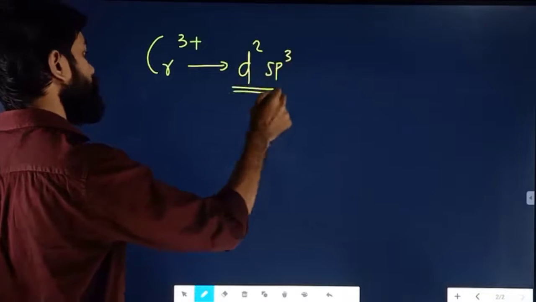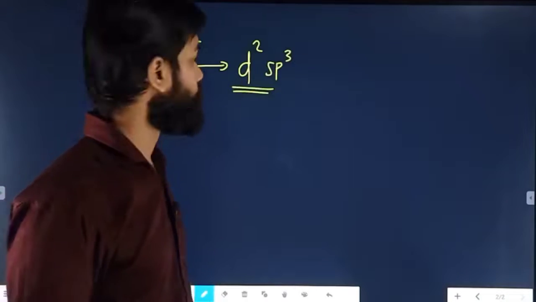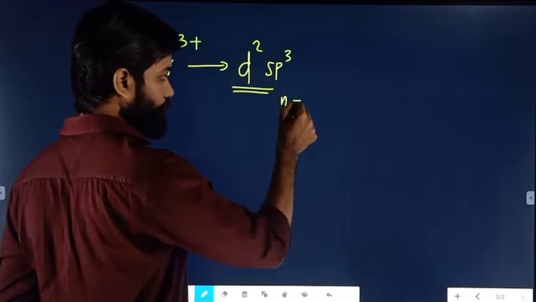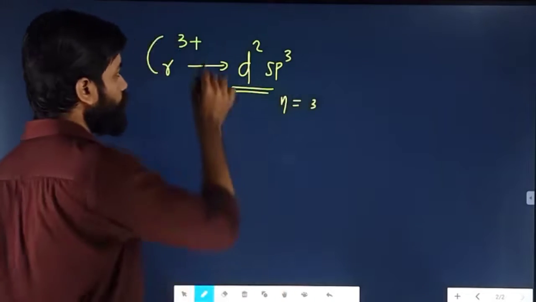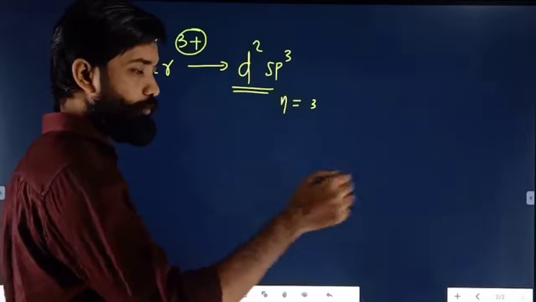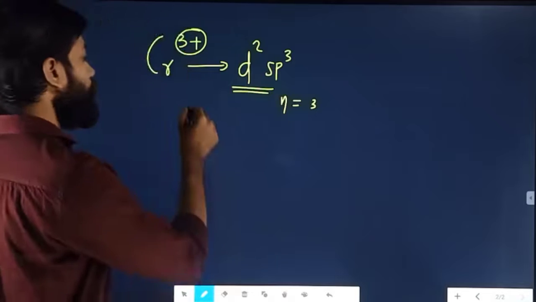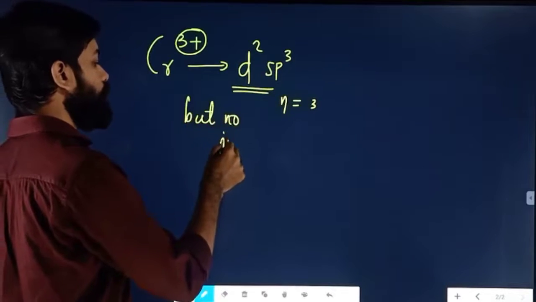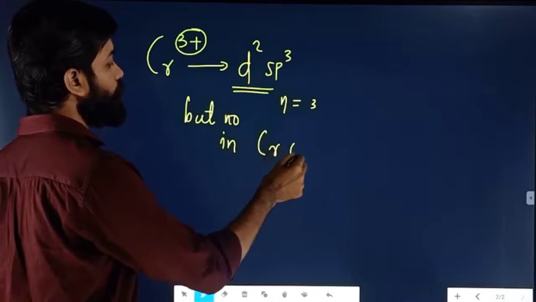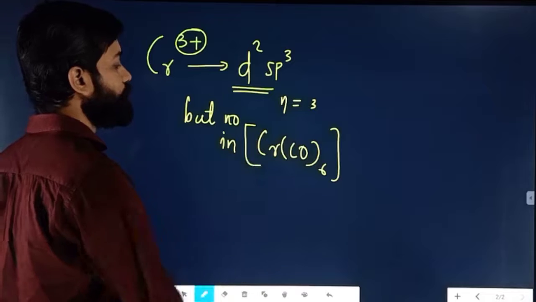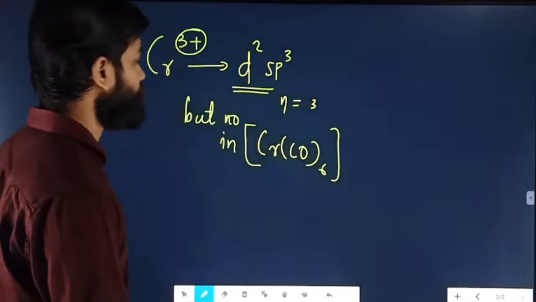We discussed that in the hexamine chromium complex, right? d2sp3, where n will be 3, because chromium in +3 has n equal to 3. No need for pairing, it always forms a d2sp3 complex, but not in Co(CO)6.